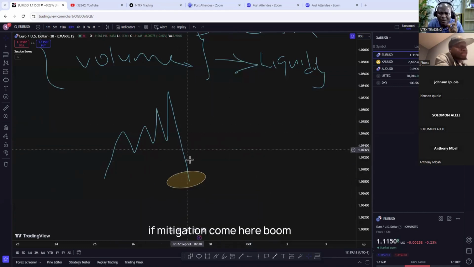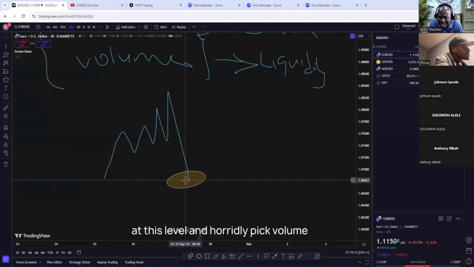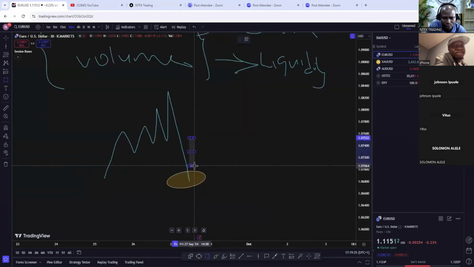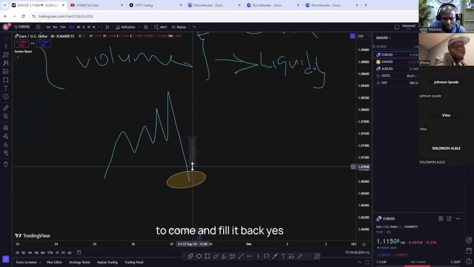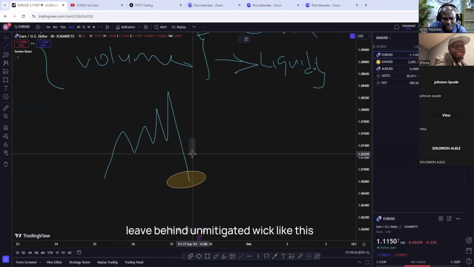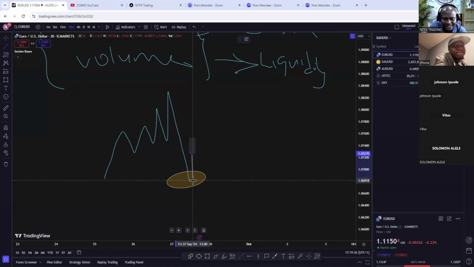If mitigation comes here, at this level, and hurriedly peaks volume, and leaves behind an unmitigated wick, like this, to come and fill it back.